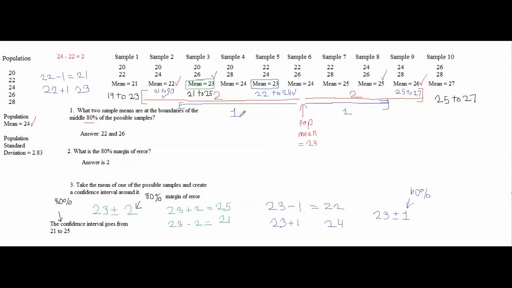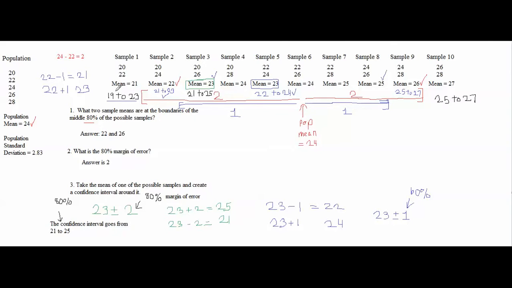Also notice how the 80% confidence intervals are always wider than the 60% confidence intervals, because when we were adding and subtracting 2 to create the 80% confidence intervals, we ended up with confidence intervals that had a span of 4 numbers.